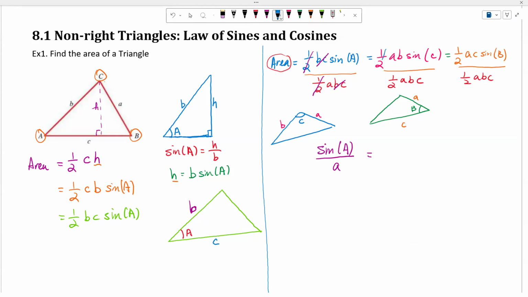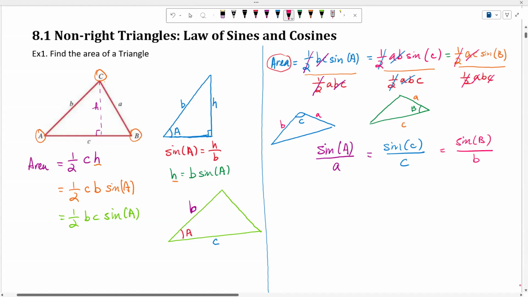I have 1/2 and 1/2 cancel, so A and B cancel. So now I have sine of C over C. Now let's see the last term. I have 1/2 and 1/2 cancel, A and C cancel. So I have sine of B over B.